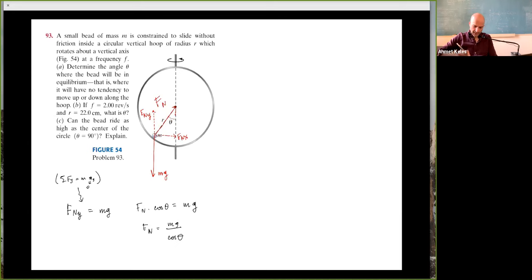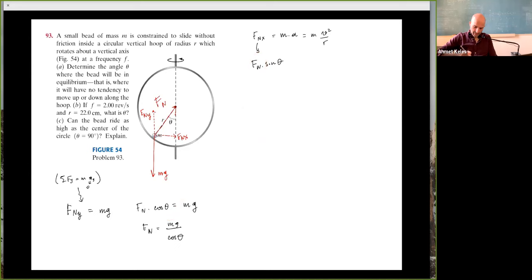Now let's look at the other component. F normal X is the only force along X, so it should be equal to m times a, but I know m times a is m times v squared over R. Now this is F normal times the opposite side, sine theta, but I just found what F normal is, right?